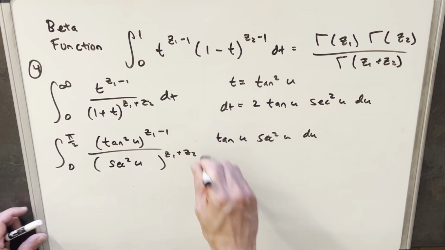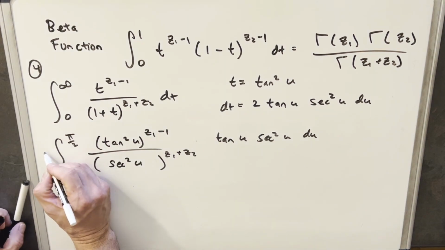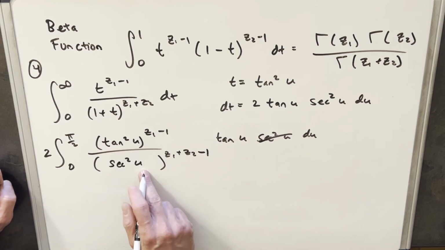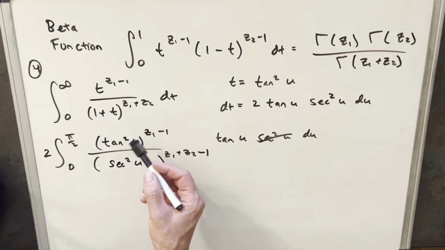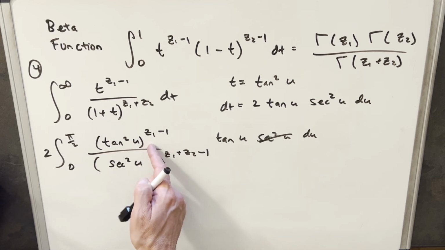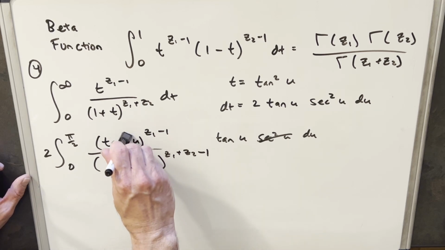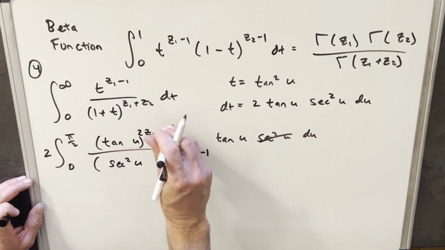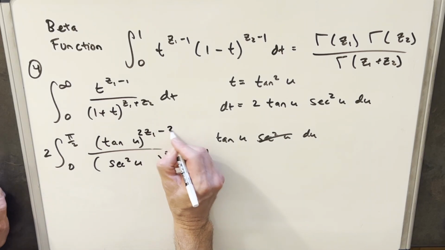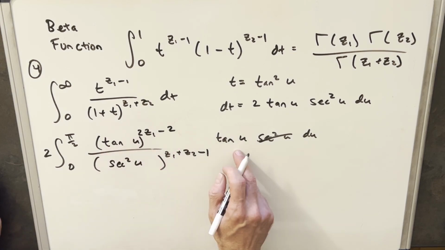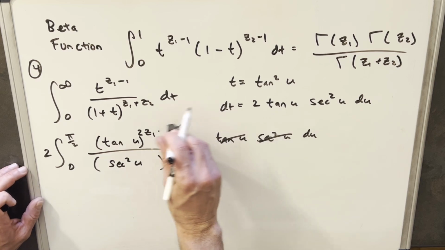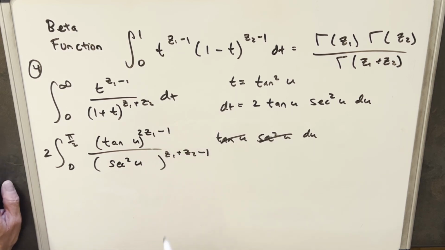And then what I'm going to do is take this 2 and just bring it out front here. Now with exponent properties, I can cancel this one out and subtract 1 from here to combine it with this secant squared. For this tan squared here, I'm going to use exponent properties and multiply the 2 out. So I'm going to write this as 2z1 - 2 here. But if I multiply this by tan u, then we need to add 1 and get rid of that. But if we do that, this just becomes a minus 1.